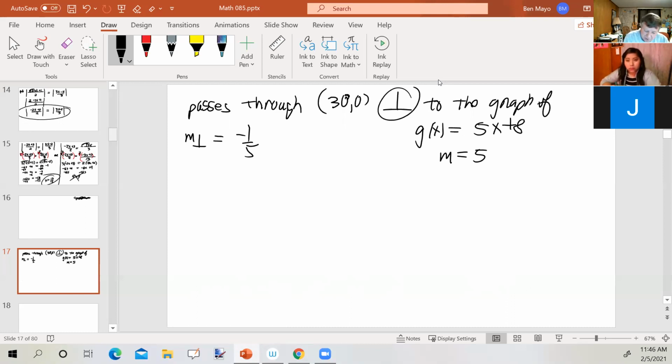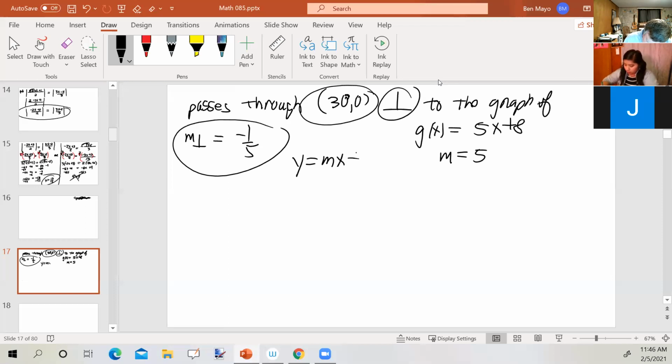All right, so now I've got a slope of negative 1/5 and it passes through the point 30, 0. So using y equals mx plus b, negative 1/5 goes in for m. So we get y equals negative 1/5 x plus b. So far, so good?